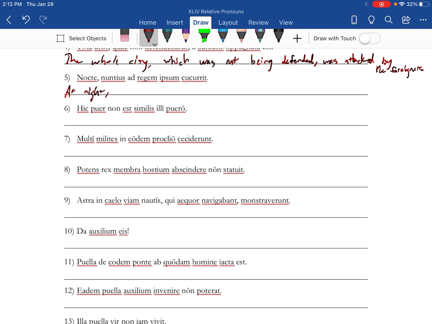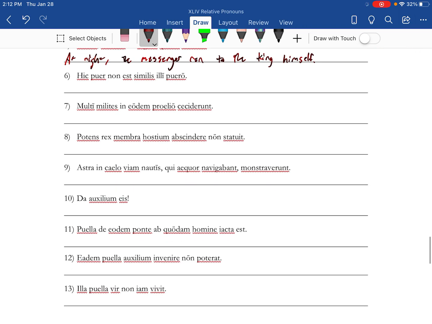At night, the messenger ran to the king himself. Hic puer, this boy, is not similar.